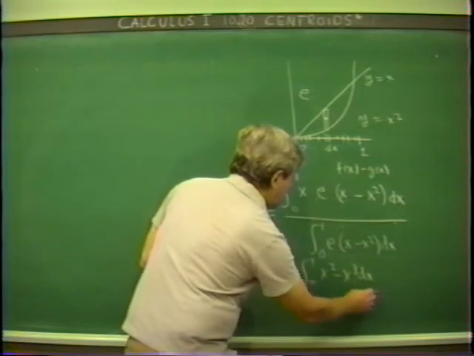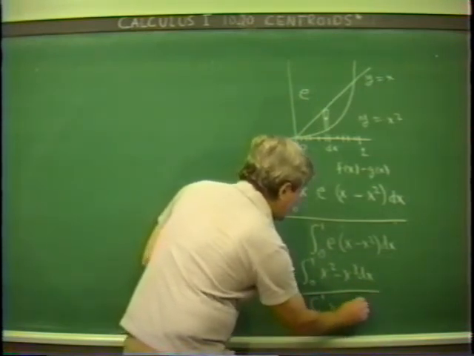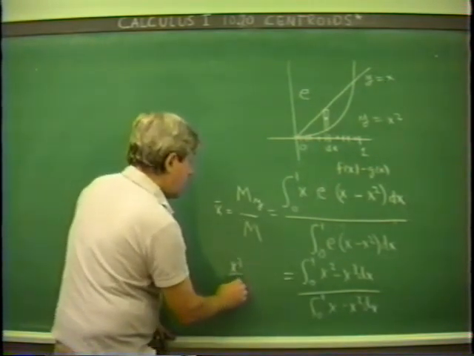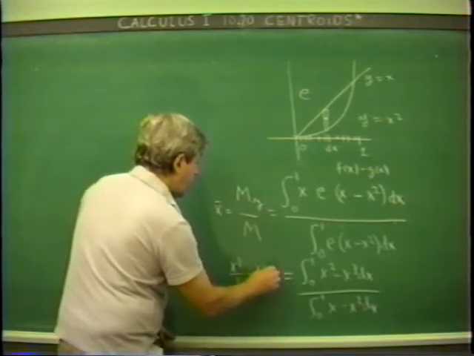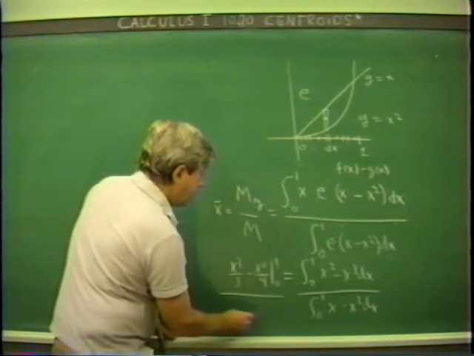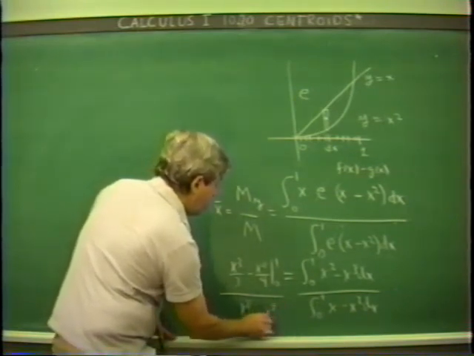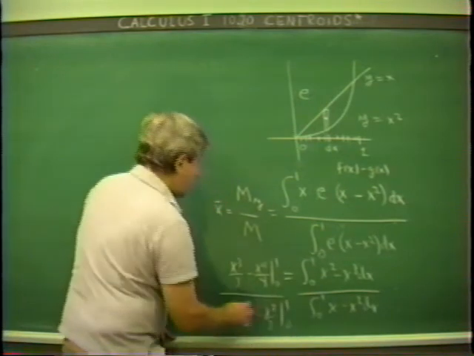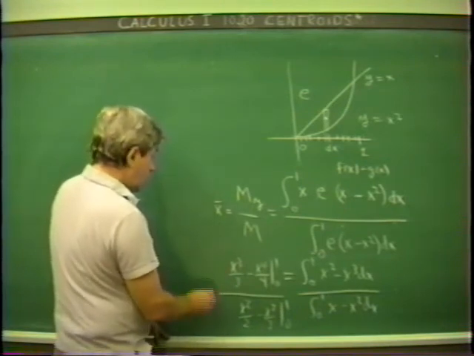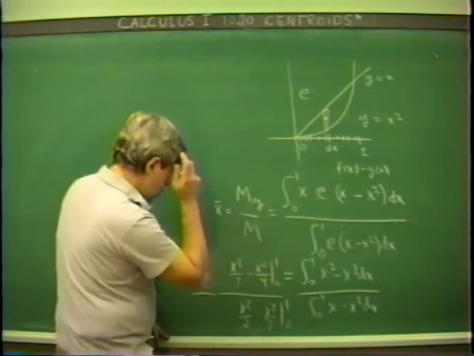And what is this going to equal now? This is the integral from 0 to 1 of x squared minus x cubed, divided by the integral from 0 to 1 of x minus x squared. Which is going to be x cubed over 3 minus x to the 4th over 4, evaluated from 0 to 1, divided by x squared over 2 minus x cubed over 3, evaluated from 0 to 1.